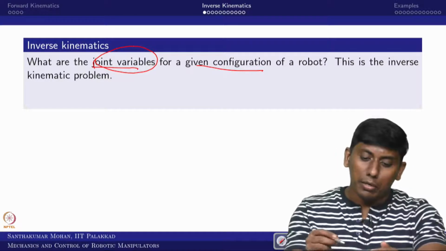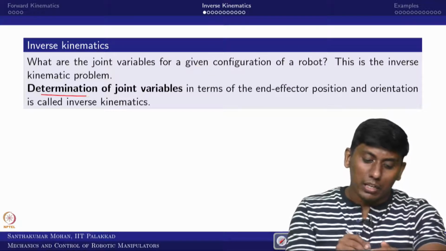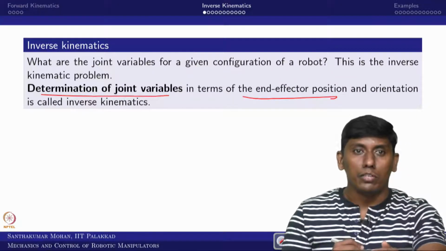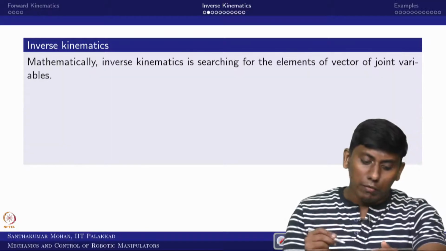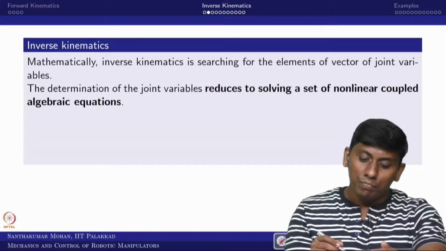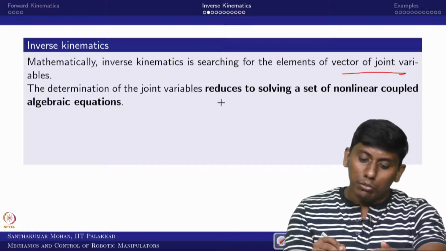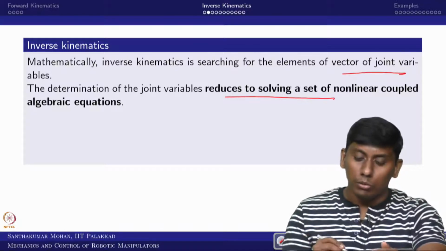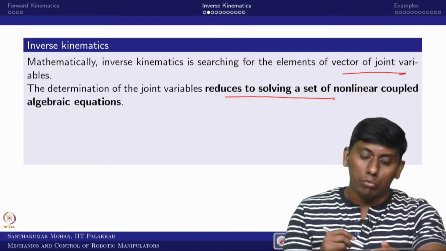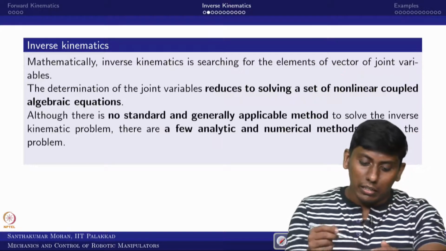So this is the inverse kinematic problem, in the sense that we are trying to determine the joint variables for a given end effector position and orientation. Mathematically, we are searching for the joint variables, which reduces to solving a set of nonlinear coupled algebraic equations. Why it is so, I will write later on.